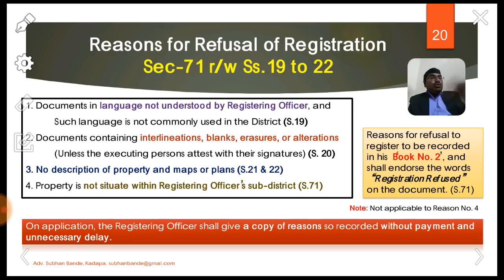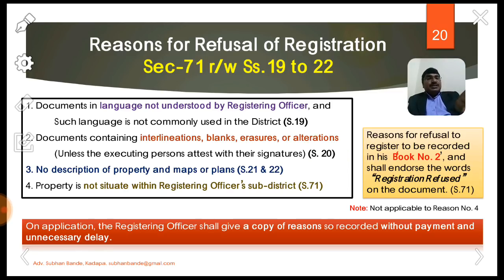If there is no signature by the executors, then according to section 20, the registering officer may refuse to register such document.